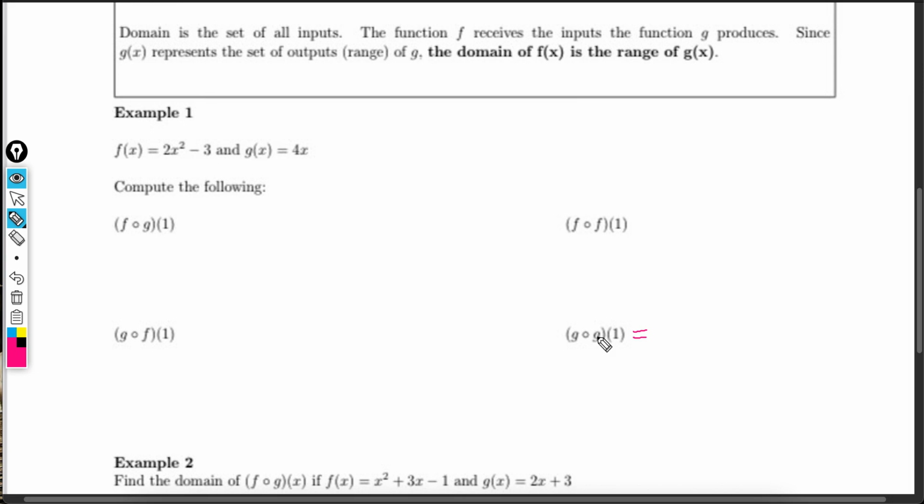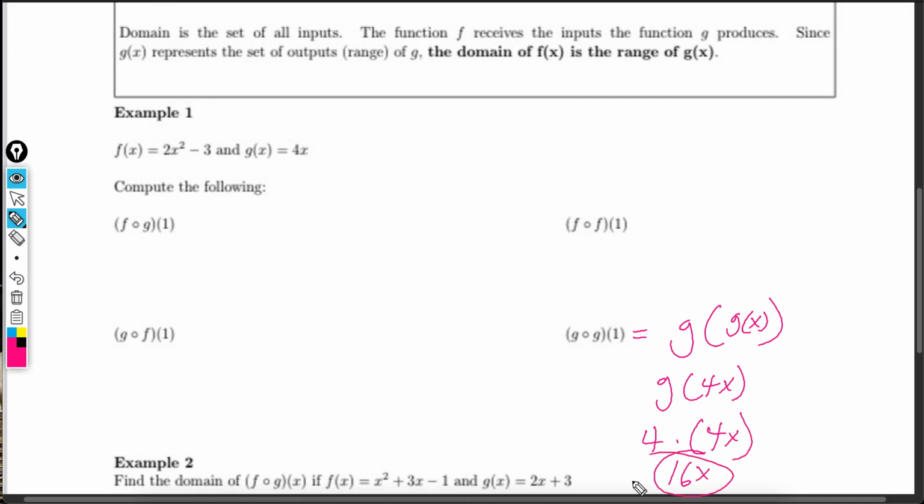Next one, g into g. This is actually the easiest one. That's why I left it for last. So we're saying basically g of g of x. So g of 4x. And I read out every step, so that means 4 times 4x, 16x. That's the answer to this one, right? So we have this 4x, and we're going to shove a 4x into 4x.